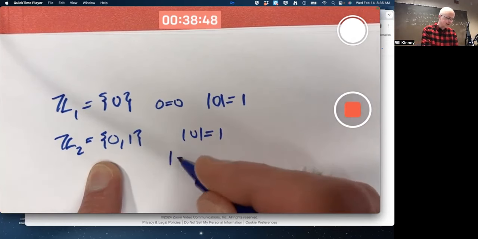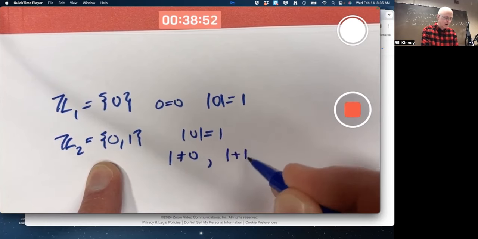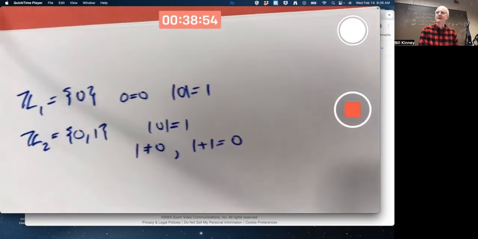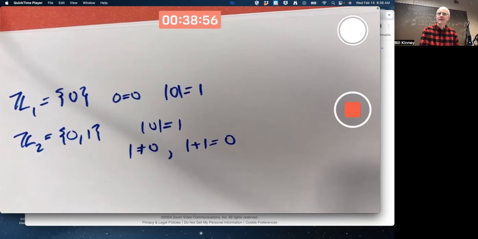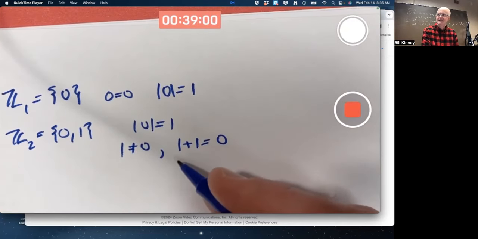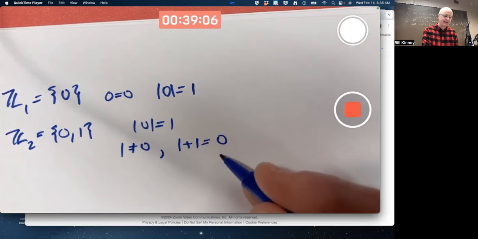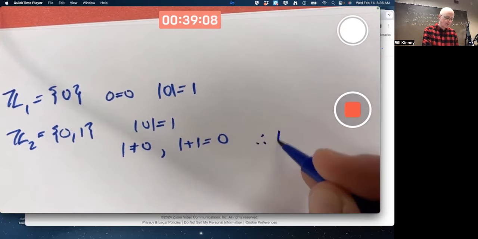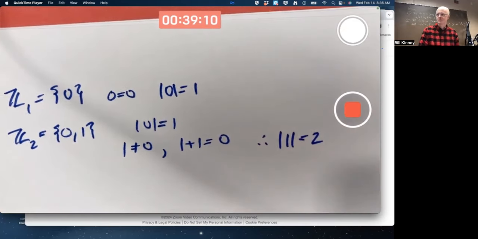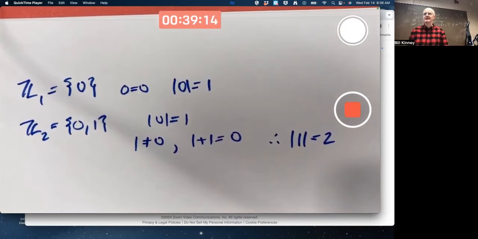Well, 1 by itself does not equal the identity, but 1 plus 1 is the identity. So I've got 2 summands in the sum, being the smallest number of summands, getting me back to the identity. That means the order of 1 is 2. We're not raising to powers here because the operation is not multiplication. We are adding.